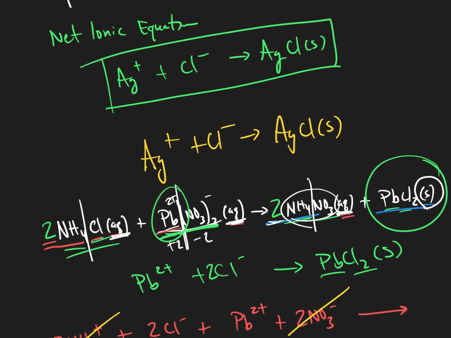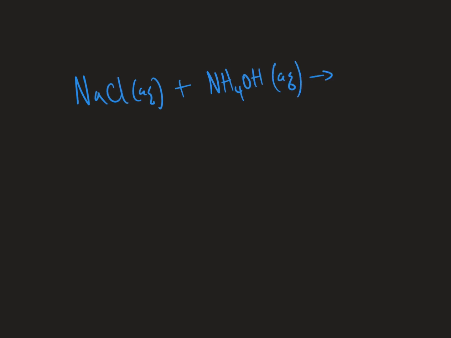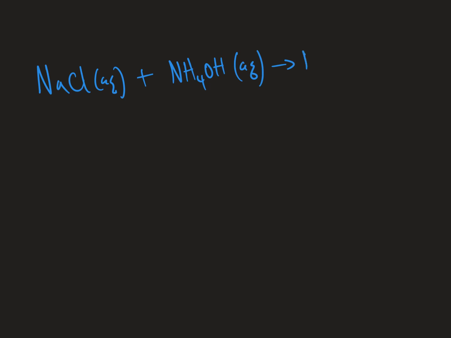I'm gonna do one more. If we have NaCl as an aqueous solution, and let's say ammonium hydroxide as an aqueous solution, we're going to get NaOH plus NH4Cl.